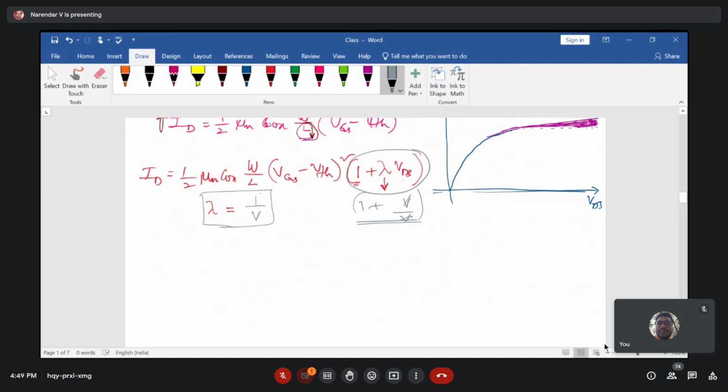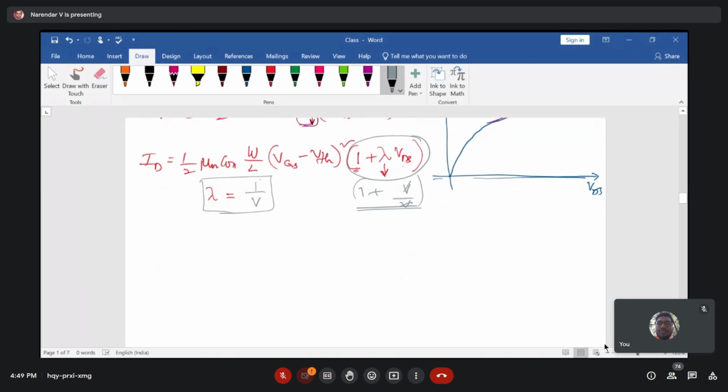Okay. And due to this, the equivalent model of your transistor is going to be something like this. Now the source is common for both the gate as well as the drain terminals. So here you have a VGS value to create inversion at the gate terminal.